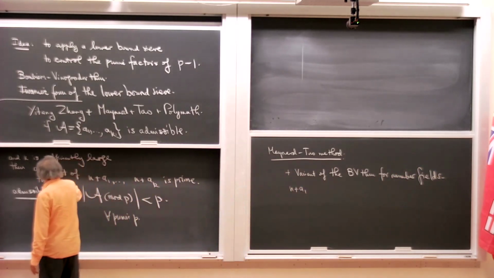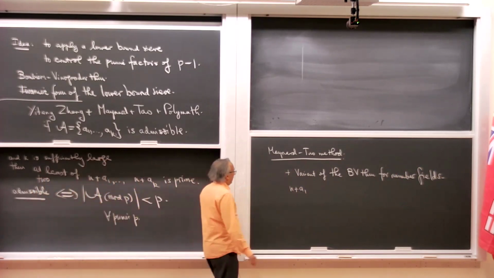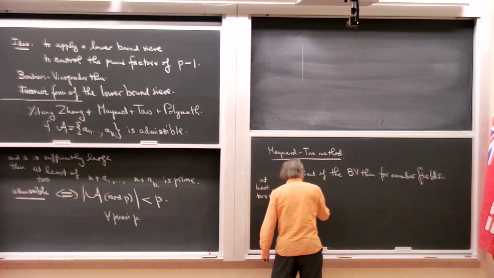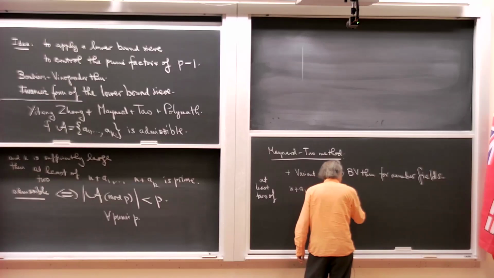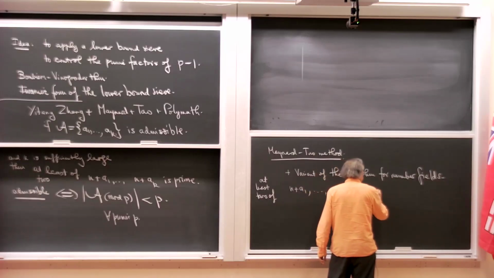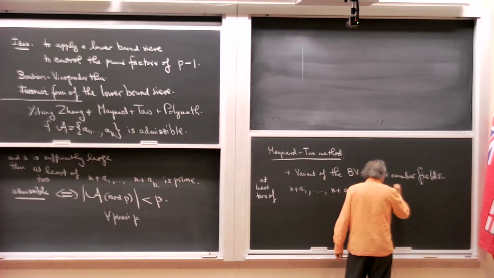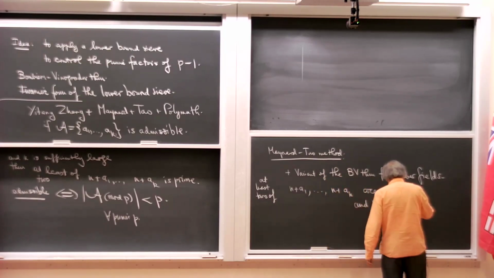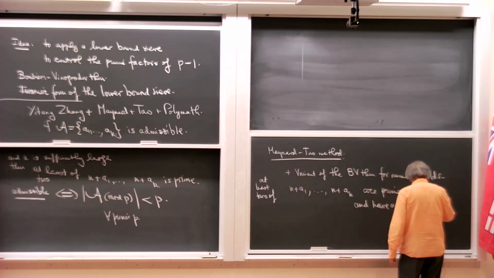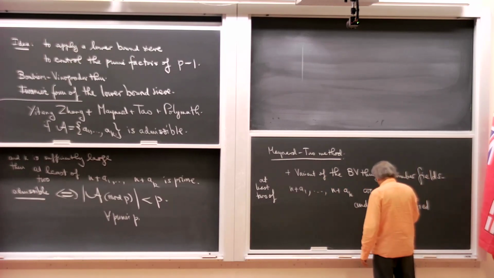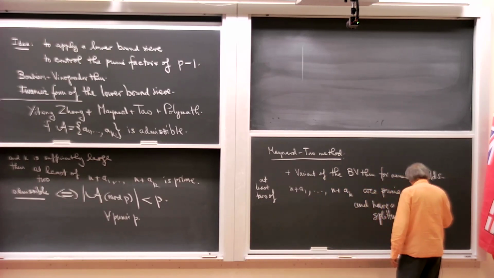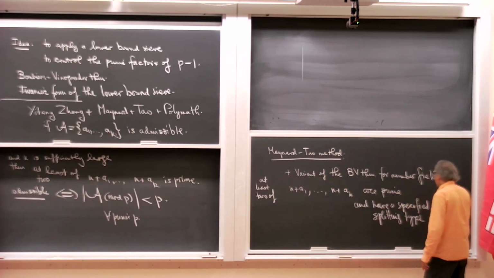At least two of these, n plus a1 to n plus ak, are prime and have a specified splitting type in a given number field.